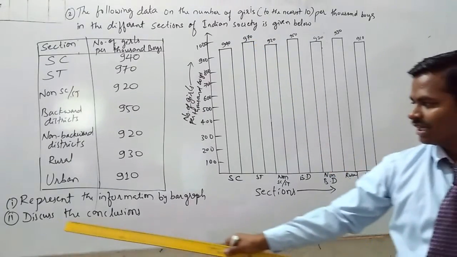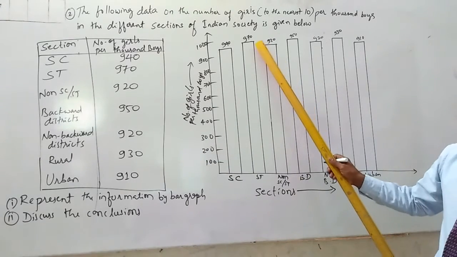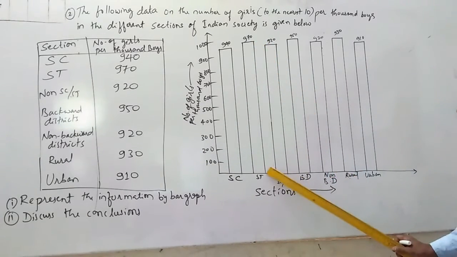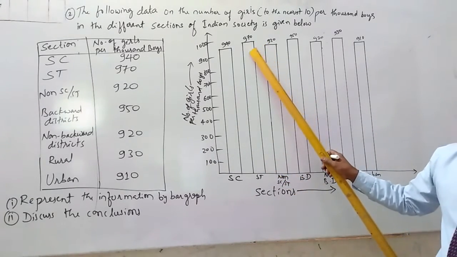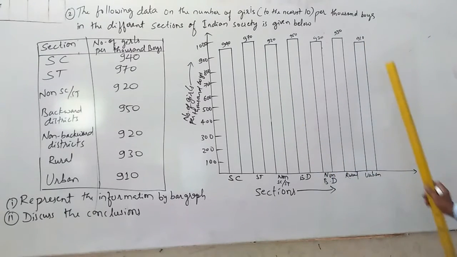Now, what are the conclusions from the graph? The highest number of girls is in the ST section. The lowest number of girls is in the urban section.